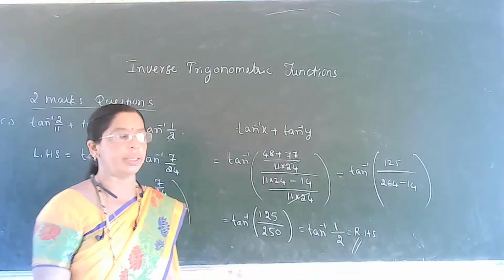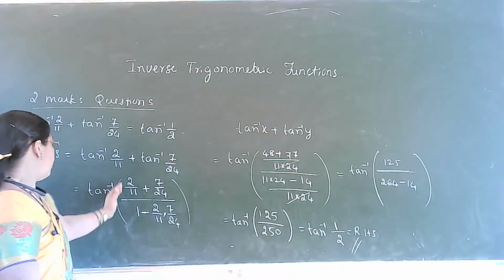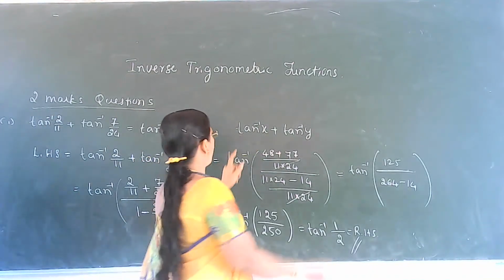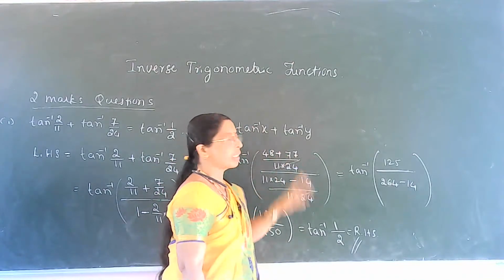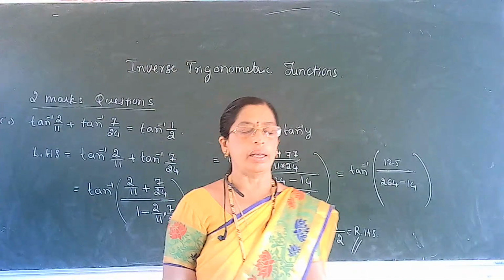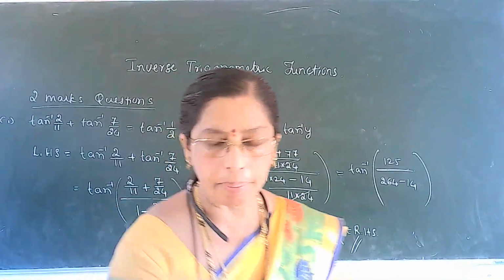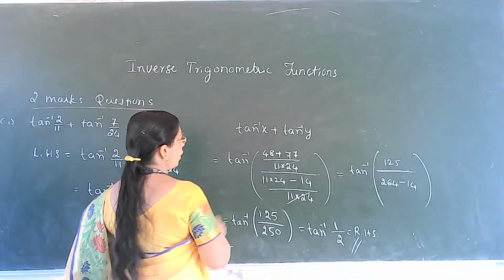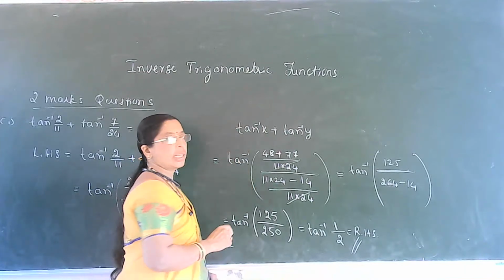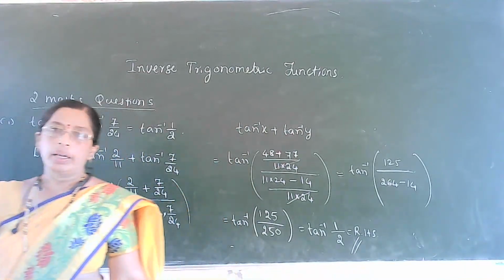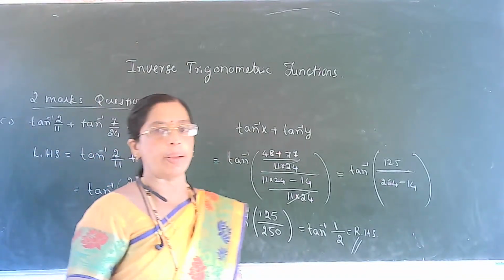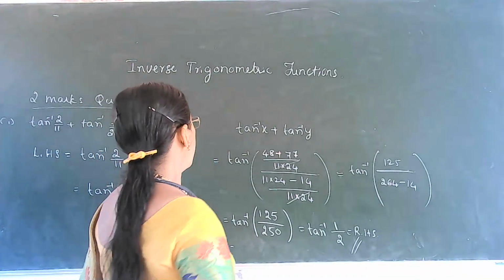Simplification is very important here. Replacing or substituting in the formula tan inverse x plus tan inverse y is very easy. First, you remember this formula: tan inverse of x plus tan inverse y is equal to tan inverse of x plus y divided by 1 minus x into y.